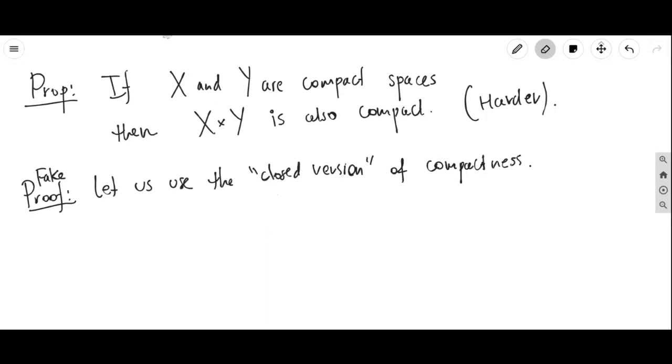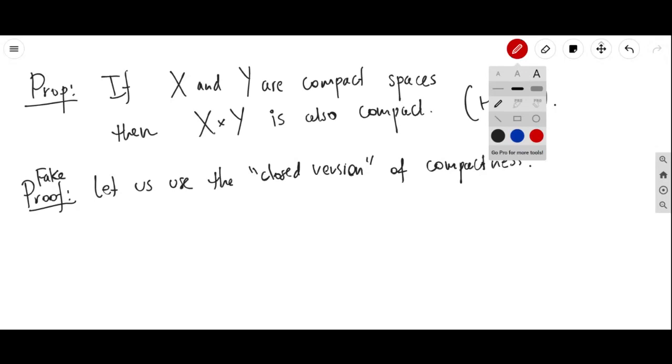The closed version said that if we have a collection of closed subsets, and every finite number of them intersect in something non-empty, then the intersection of all of them is non-empty. So that was the version of compactness that we had.